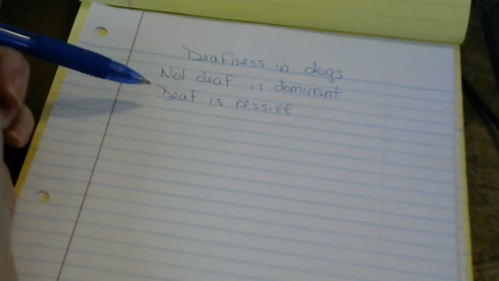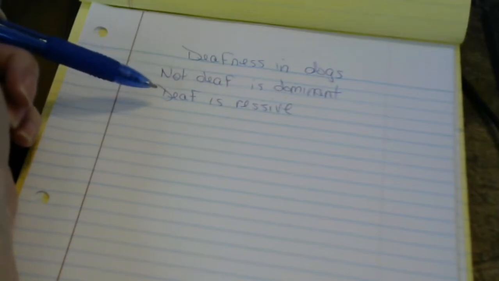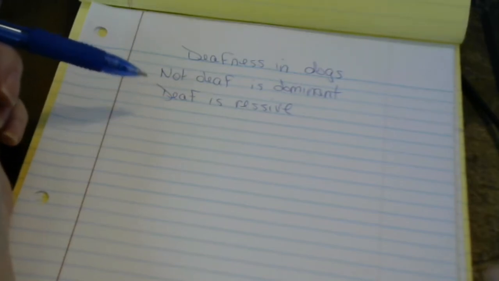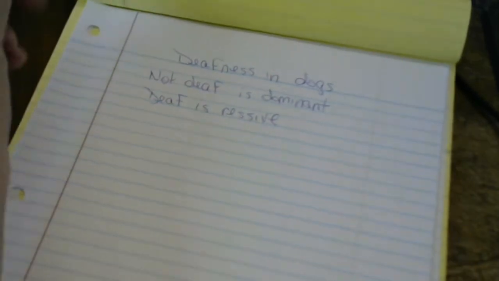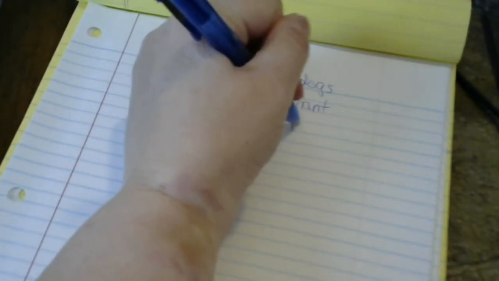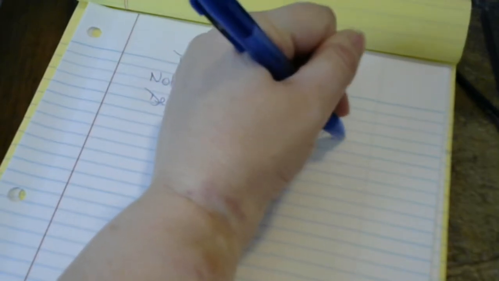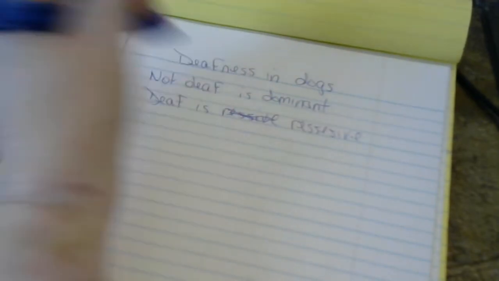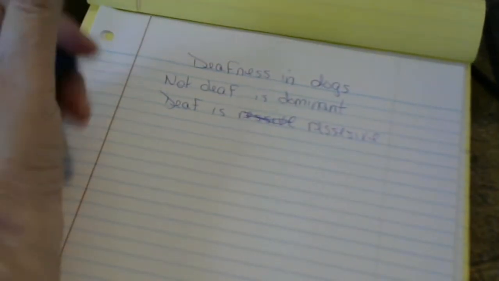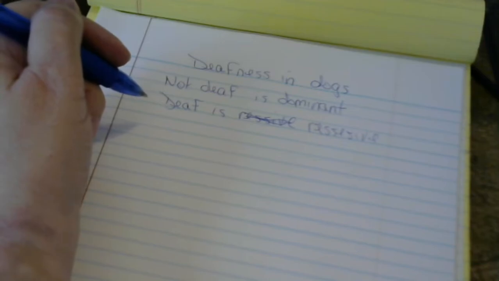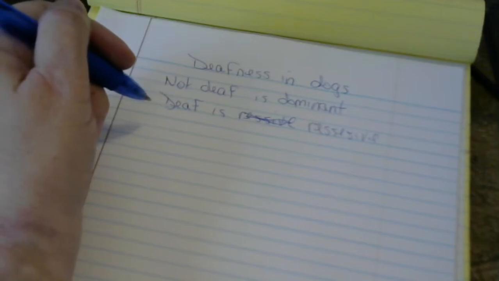Being deaf is a recessive trait, so the dogs are not likely to be deaf. And I misspelled recessive.